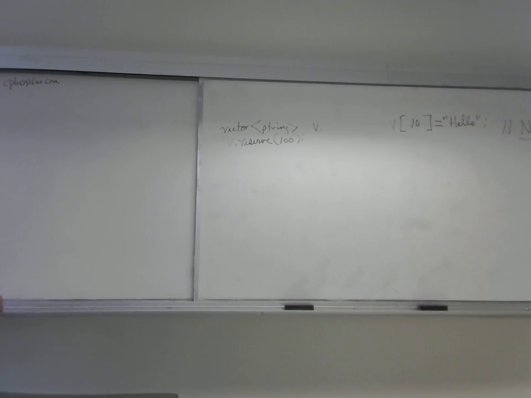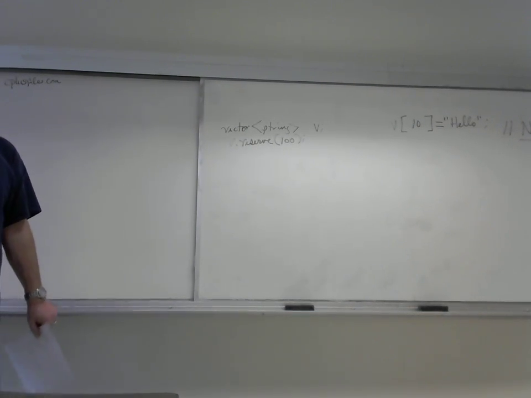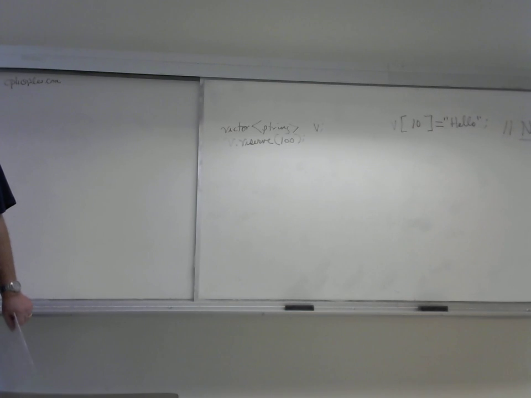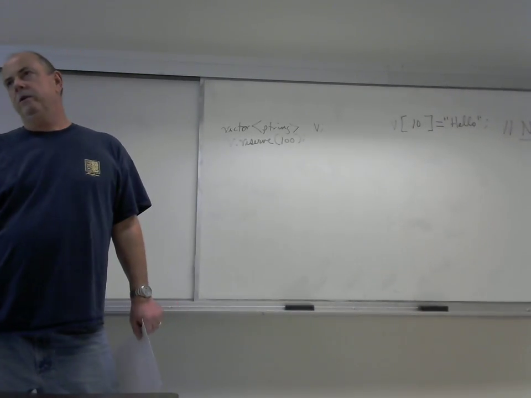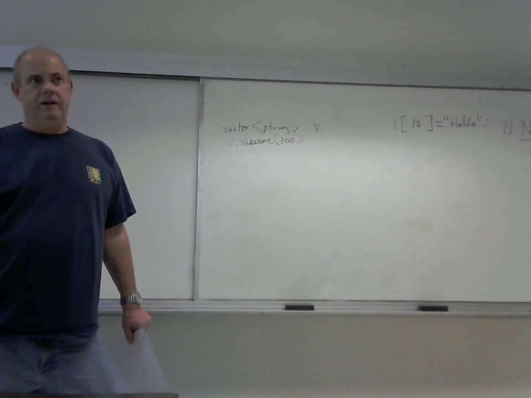If you run out of space, then you create a new array twice as big as the old one. You copy everything from the old one to the new one. You destroy the old one by setting it to null, and away you go. Okay, that's an expensive operation. So you want to minimize the number of times you have to loop through and copy everything into a new, bigger array. So that's how you keep from running out of room. You make a new array, copy everything over, destroy the old array, and move on.